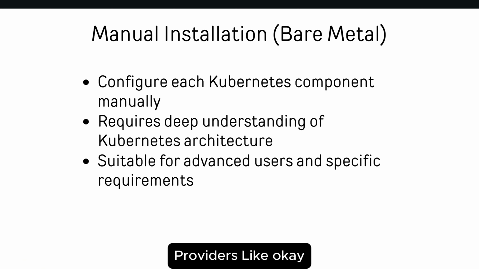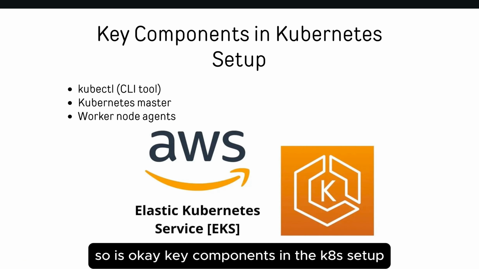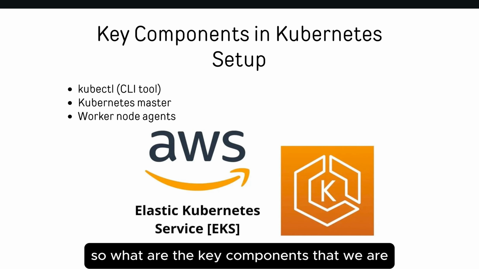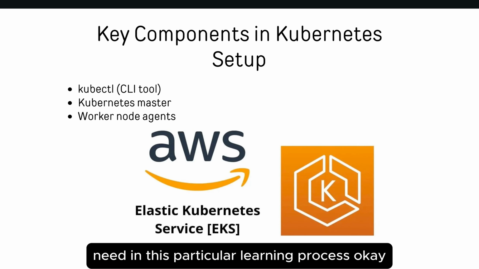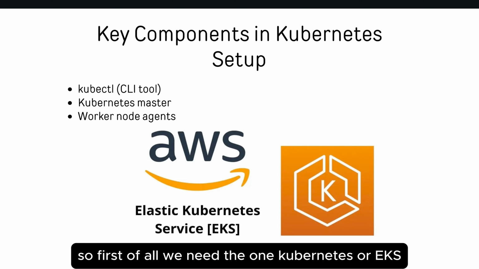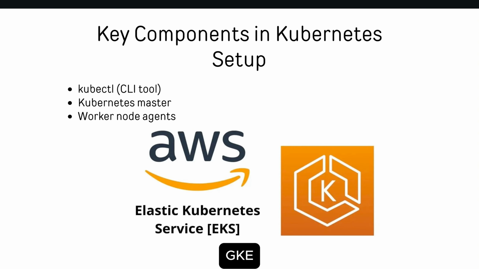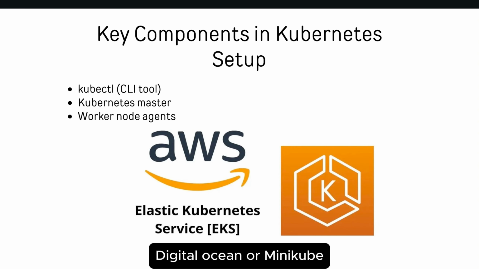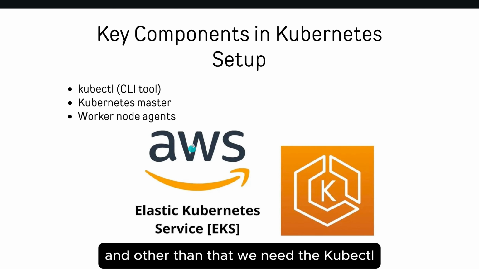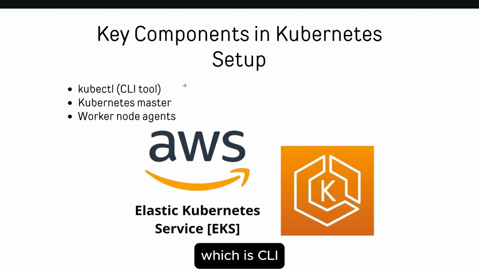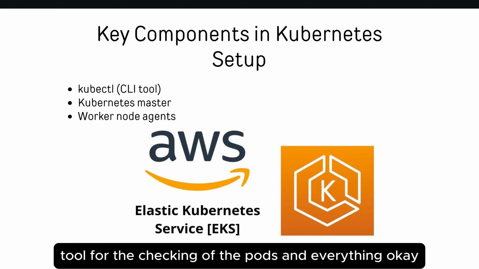Okay, so key components in the Kubernetes setup. What are the key components that we need in this learning process? First of all, we need one Kubernetes, like EKS or GKE or DigitalOcean Kubernetes, or Minikube. Other than that, we need kubectl, which is the CLI tool for checking the pods and everything.